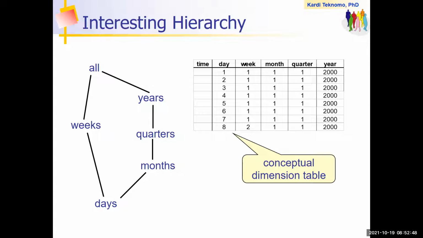Earlier, we discussed the date functions, right? So you derive from the date the week, what number of week in a year, and then what is the month, what is the quarter, and so on. So you create a new column, and then based on that new column, later on you can create this kind of hierarchy.